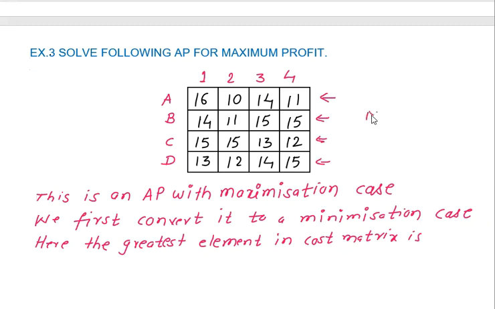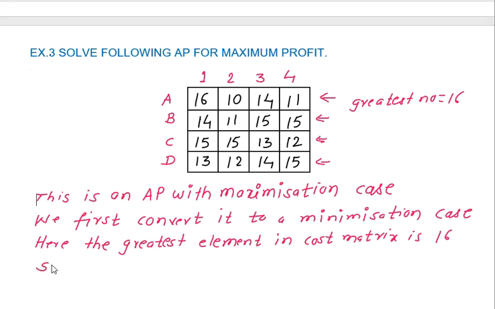What is the maximum cost in the cost matrix? It is 16. So the greatest element in the cost matrix is 16. We subtract all the entries from 16 to get the modified matrix, on which we apply the usual algorithm.